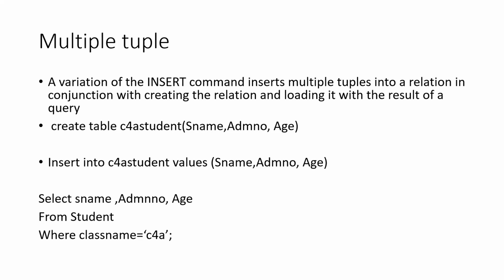So here we are creating a new table, a new relation C4Astudent, with the three attributes: student name, admission number, and age. Insert into C4Astudent values sname, admission number, age, select sname, admission number, age from student where class name equal to C4A.